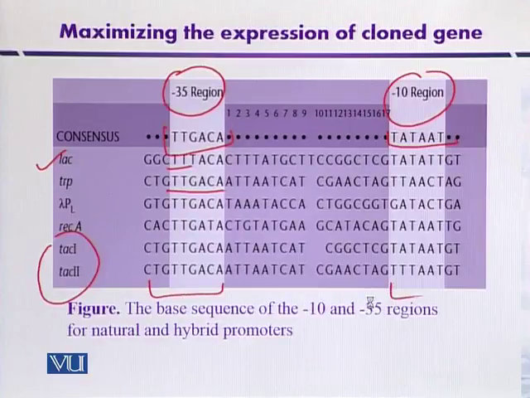So they are hybrid promoters that are artificially synthesized and are the stronger ones. Here is the comparison of different natural promoters with two hybrid promoters. And again, if the distance is 17 base pairs between the -35 and -10 regions, then the promoter may be much stronger.